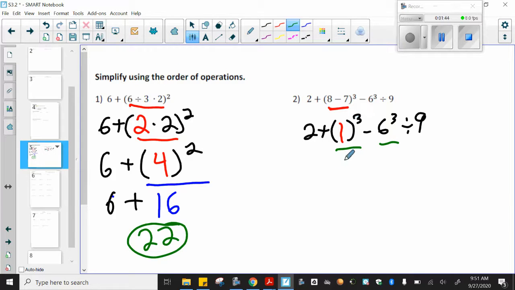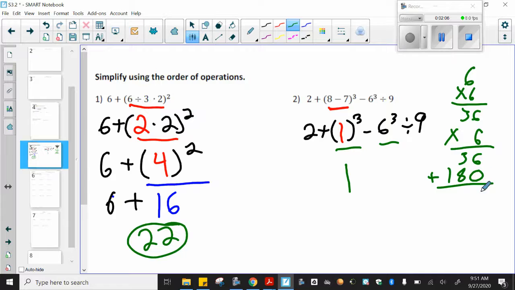So 1 times 1 times 1 makes 1. And 6 times 6 makes 36, times 6. 6 times 6 is 36 again. 6 times 3 is 18. Add those together. 216.